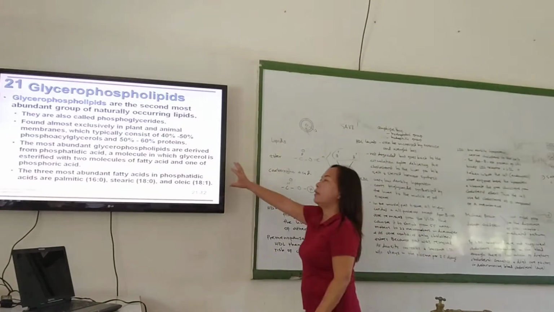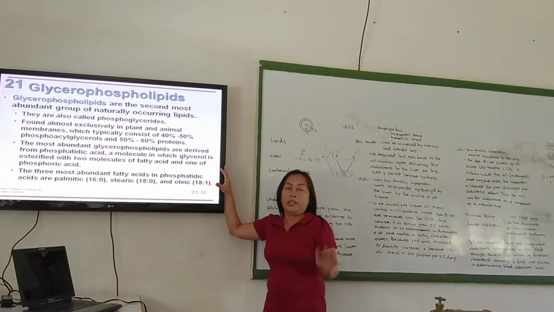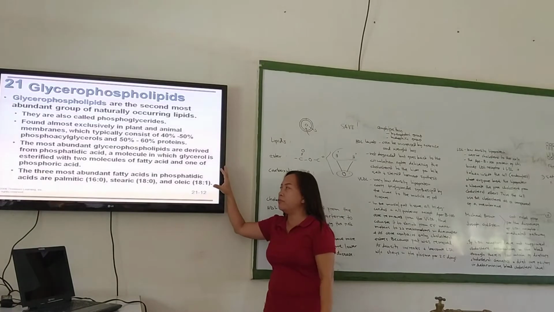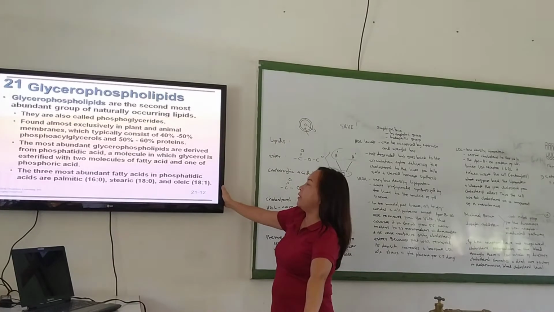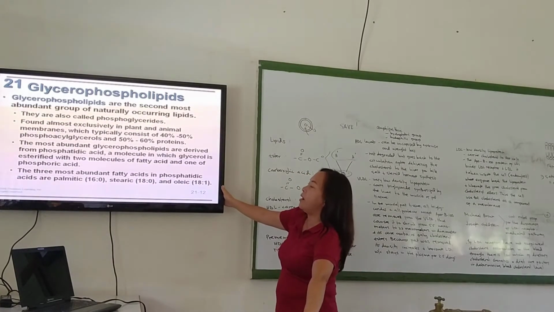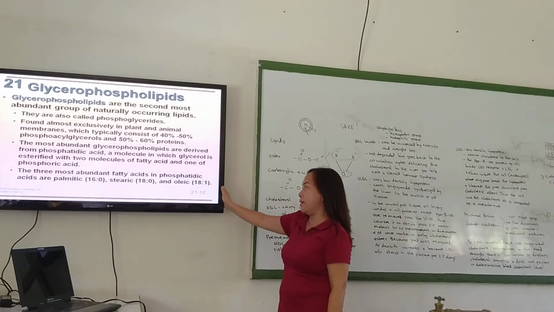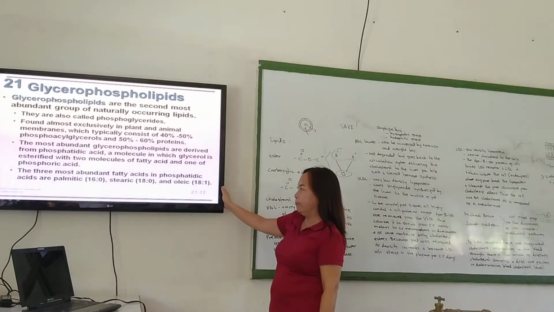Now, we have here the 3 most abundant fatty acids. What are they? The 3 most abundant fatty acids in phosphatidic acids are palmitic, stearic, and oleic.